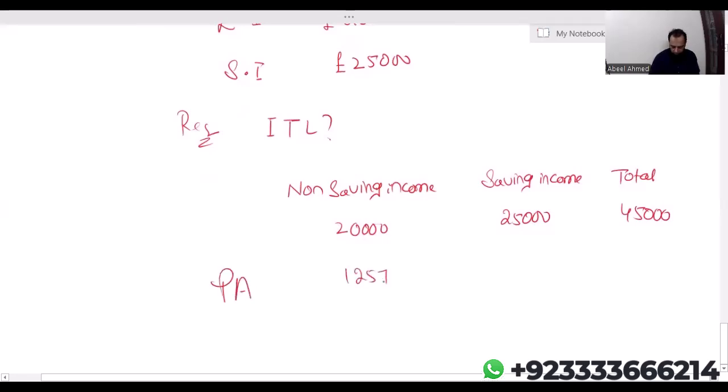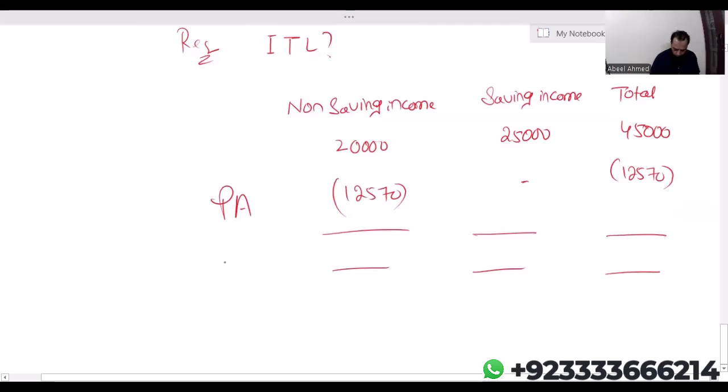Personal allowance 12,570. £20,000 minus 12,570, I'm getting taxable income 7,430. Saving 25,000. Total taxable is 32,430.